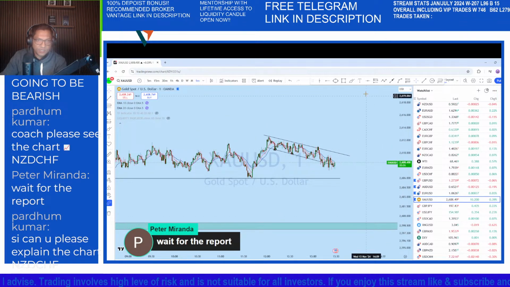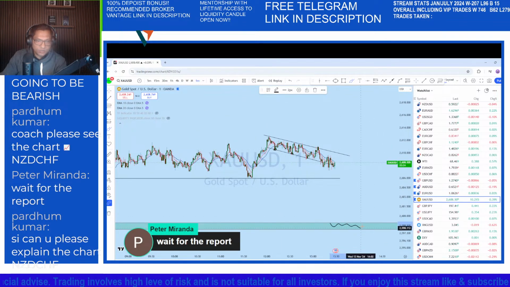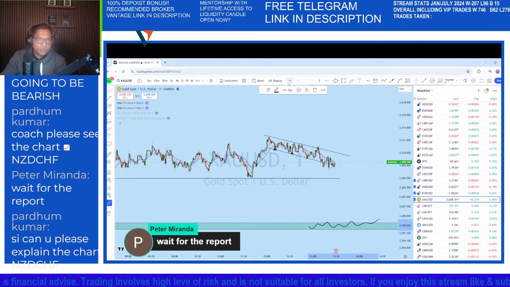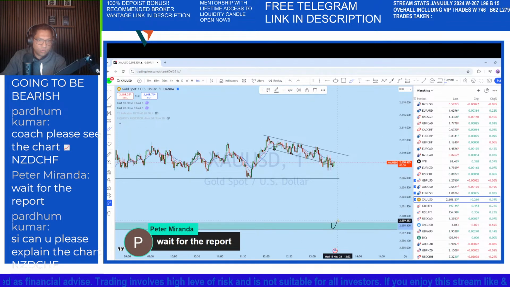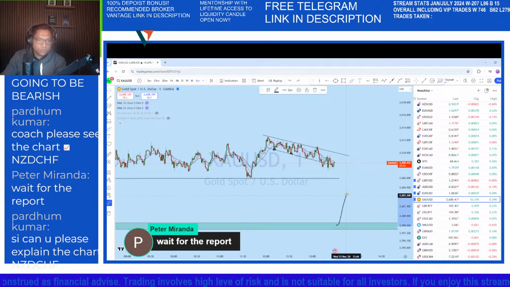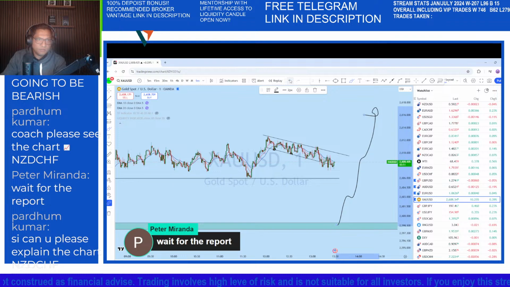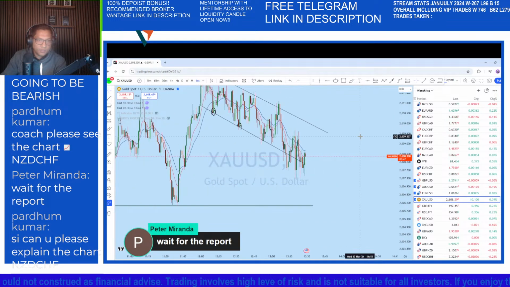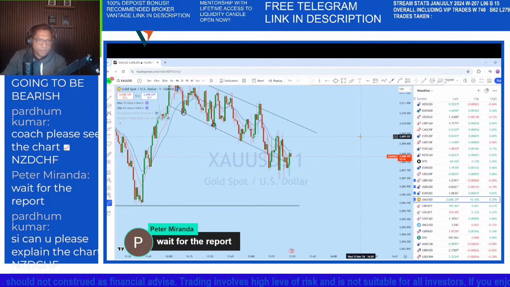You can see this is a zone here, where two sides close together, and from that zone we might see the market bouncing back to the upside. You'll see how far it might be going.